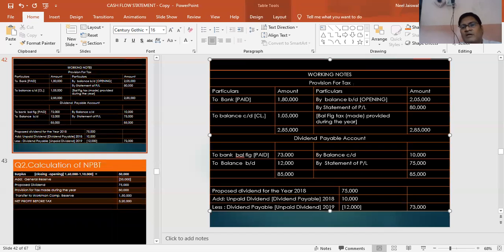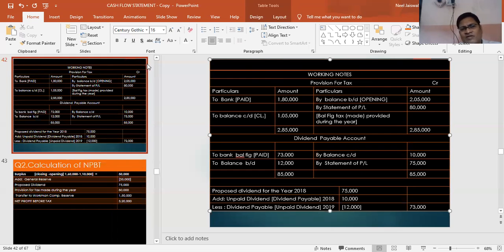This is the credit side, so we have to write in the credit column. And this other side is the debit side. We have to write on the debit side the closing balance, that is balance carried down, the closing balance of 1,05,000 given in the sum.